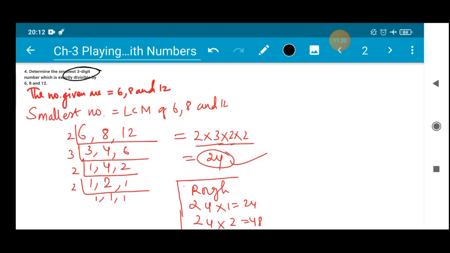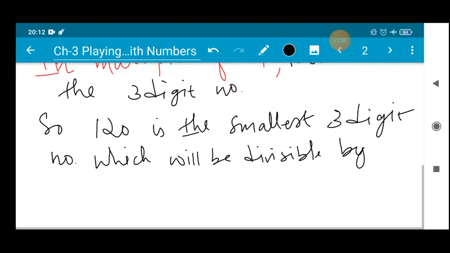So 120 is the smallest 3-digit number which will be exactly divisible by 6, 8 and 12.